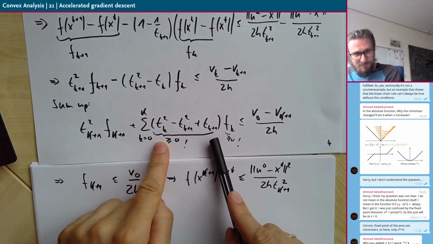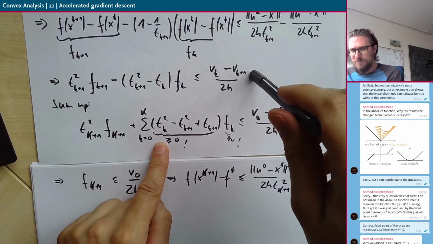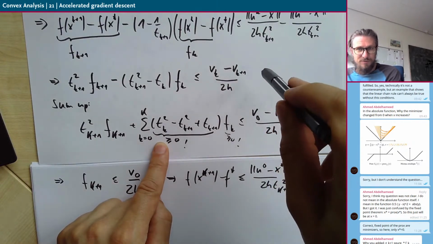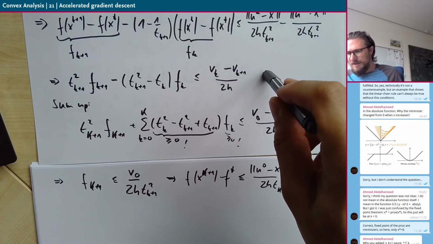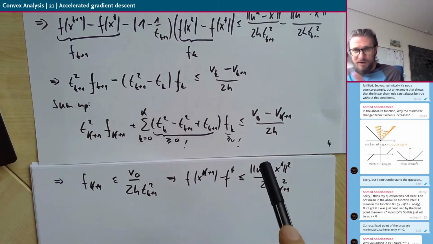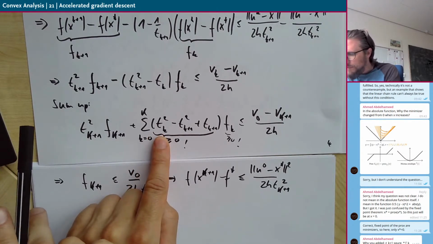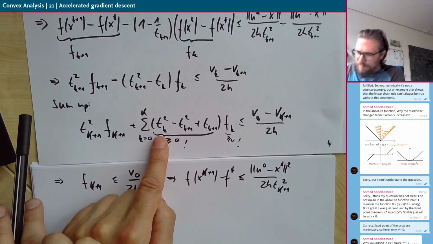To see where this comes from, I did not add anything. What you can do is write down this for k equals 0, k equals 1, k equals 2, and so on, and you sum all these inequalities up. Then this comes from two summands, one from one inequality, one from the next inequality. And I guess this is the one coming from, which comes from where? Let me check.